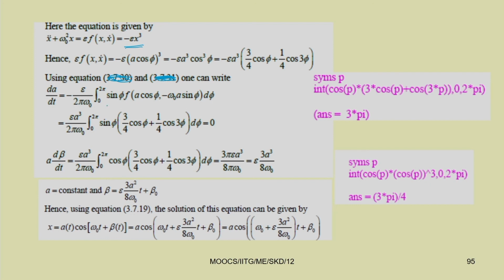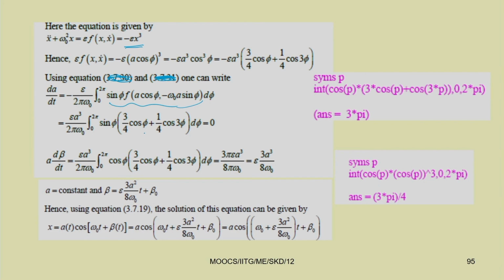This integration you can conveniently do by using symbolic software. So, this becomes minus epsilon a cube by 2 pi omega 0, integral from 0 to 2 pi of sin phi into 3 by 4 cos phi plus 1 by 4 cos 3 phi d phi.